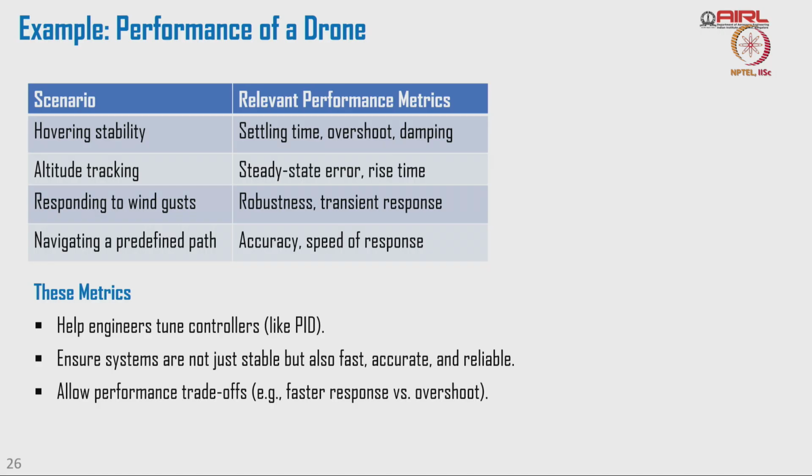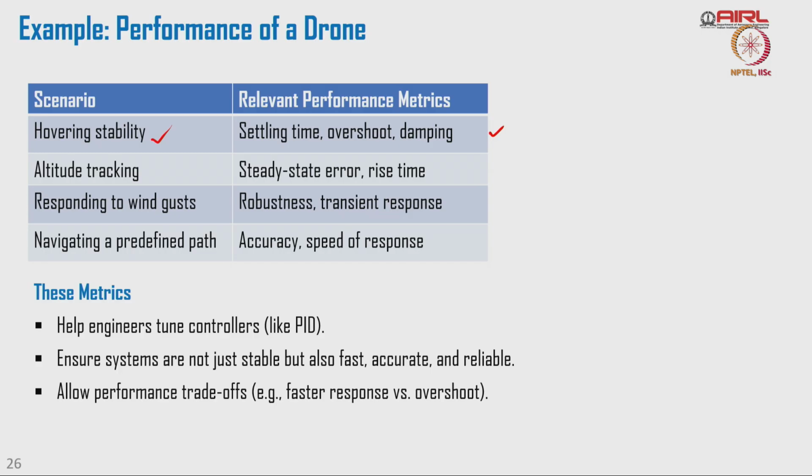Okay. If we check the performance of a drone with this kind of performance metrics, we will see that in a scenario where it should hover at a certain altitude in a stable way, that is hovering stability or altitude hold, then there should be related performance metrics like settling time, overshoot, damping.